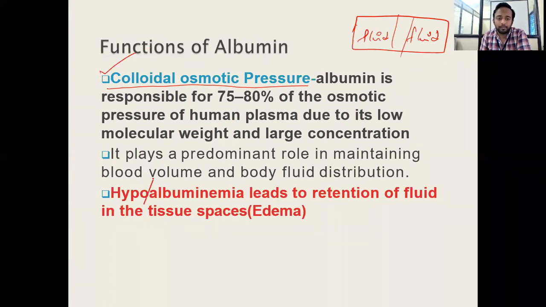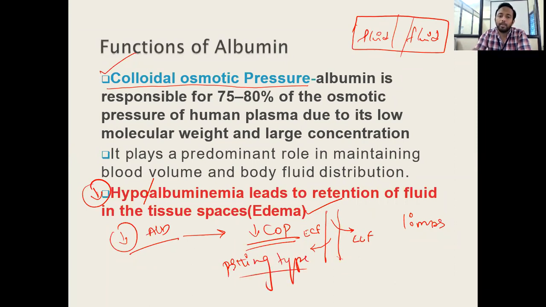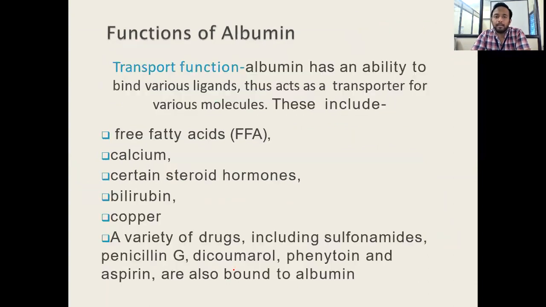So whenever there is hypoalbuminemia, hypo means reduced, there is a decrease in colloidal osmotic pressure, because of which water from the blood escapes into the extracellular fluid compartment. Then on the peripheries like the limbs, you might appreciate the presence of edema, which is pitting type.